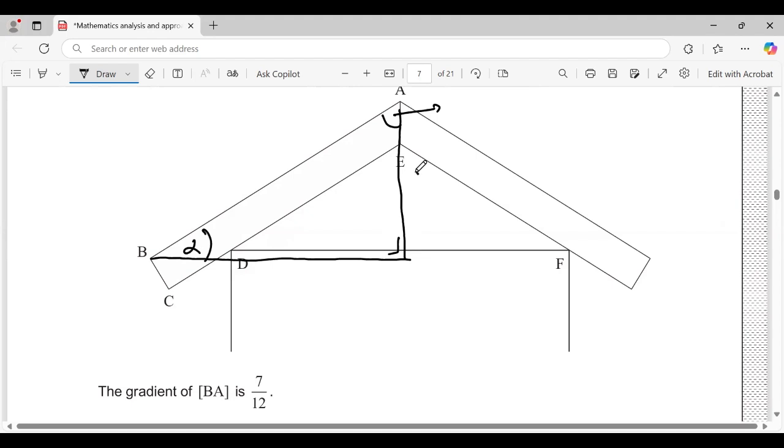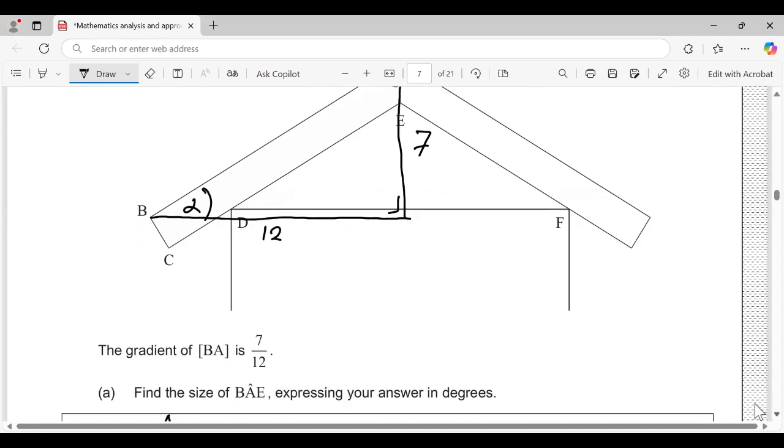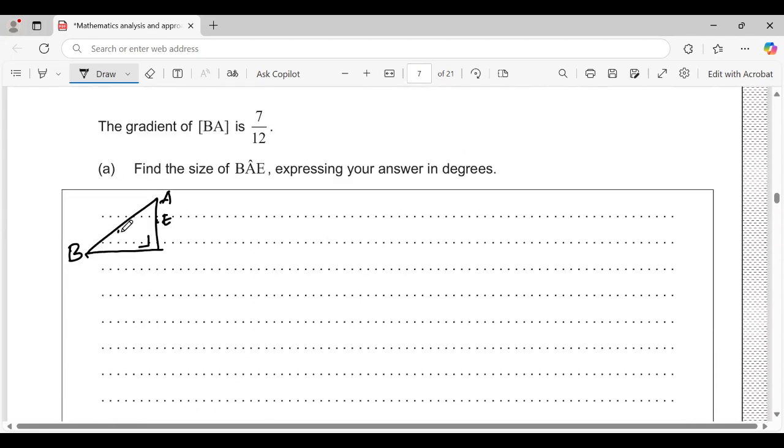And according to the information, this side is 7 and this is 12. So tangent alpha equals 7 over 12. And how do we determine alpha? Arctangent of 7 over 12.